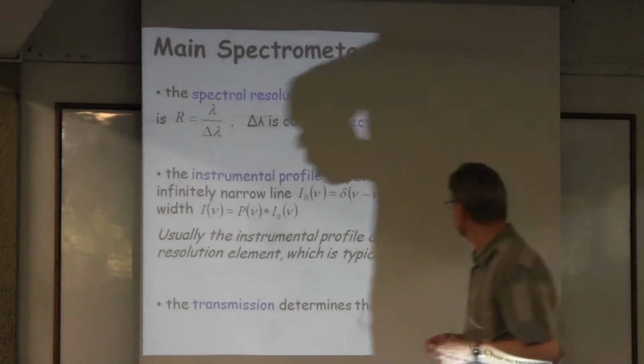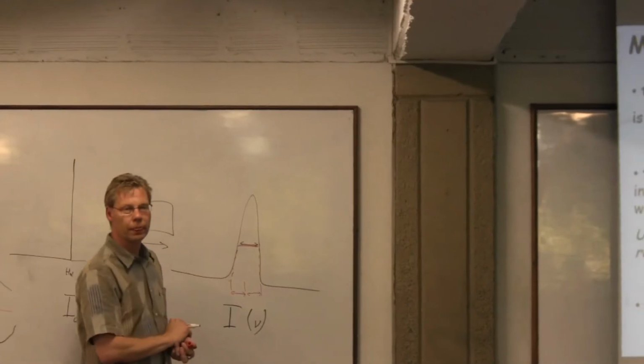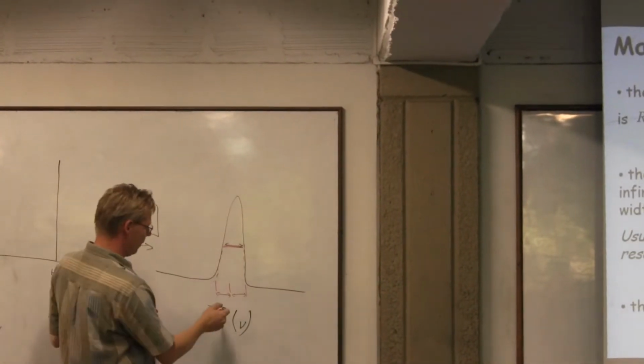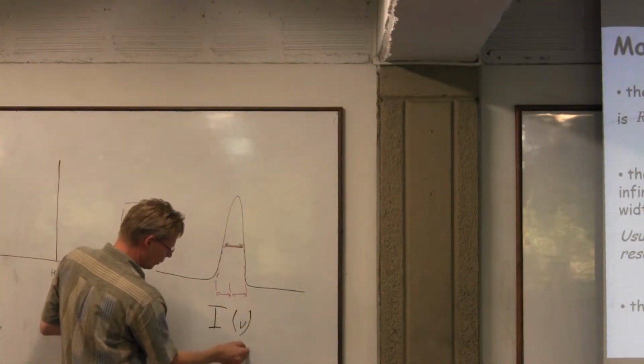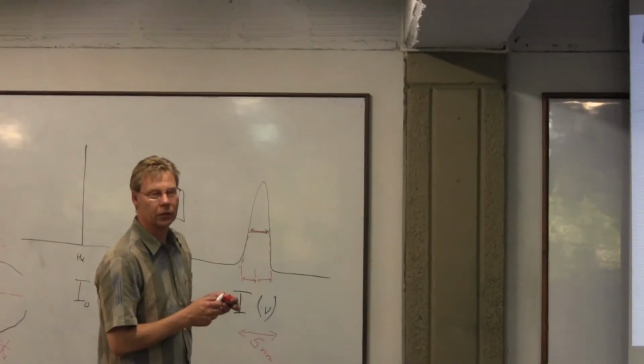So delta lambda would be 5 nanometers. So that means roughly the width of our line, roughly speaking, would correspond to 5 nanometers in this case.